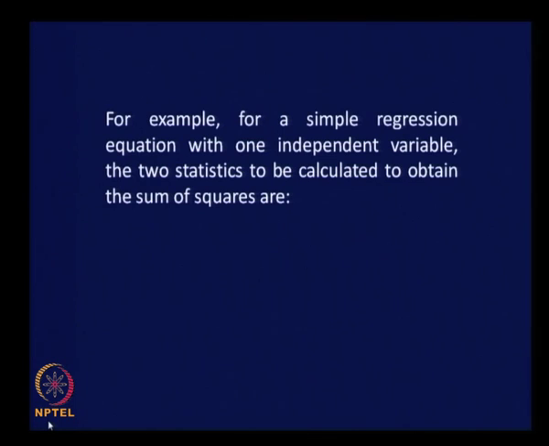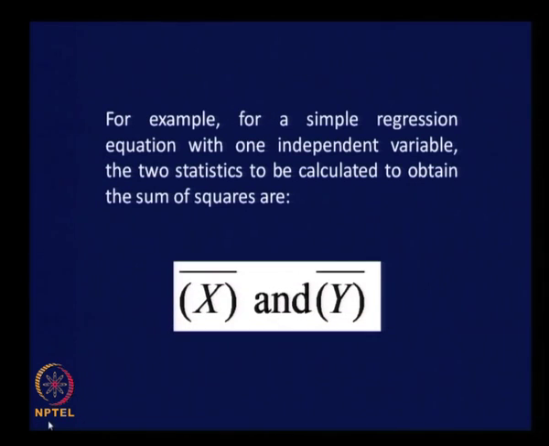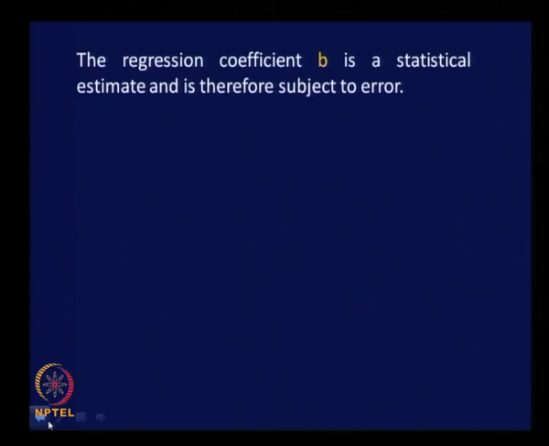For example, for a simple regression equation with one independent variable, the two statistics to be calculated to obtain the sum of squares are, as I said, x bar and y bar. So the k value is 1 in this particular case, and then the regression coefficient b is a statistical estimate.